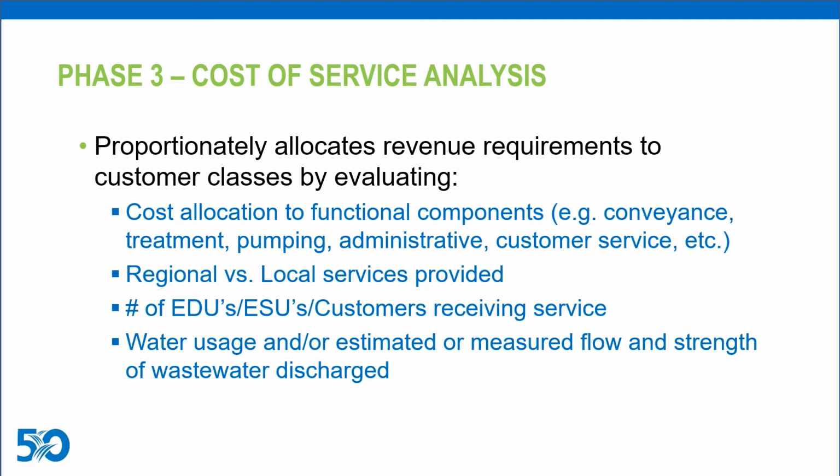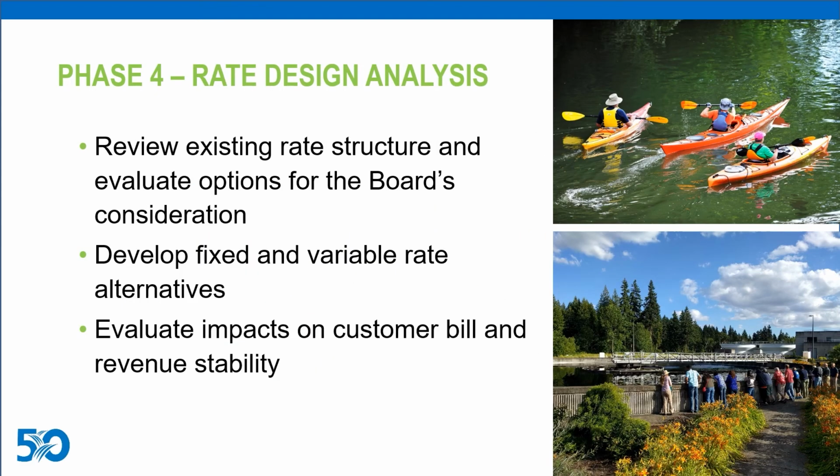We will also look at the number of EDUs and ESUs connected to our utility systems and overall the number of customers receiving service. We will also look at water usage and/or estimated or measured flow and strength of wastewater discharged. Phase 4 is the rate design analysis, and this is where the fixed and variable charges will be evaluated.